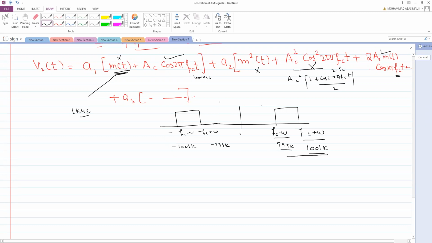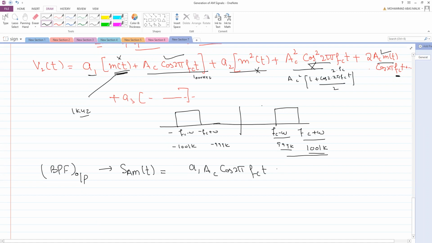So in general, the band pass filter output will be equal to S_AM(t), your amplitude modulated signal, and that will be equal to A1 multiplied by this signal. So you will have A1 Ac cos of 2 pi Fc t, right?